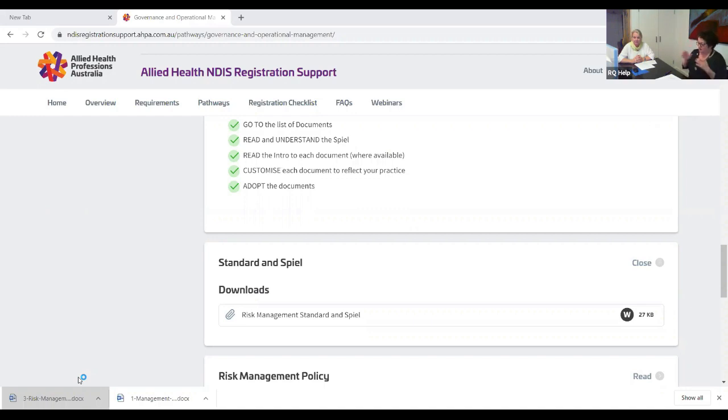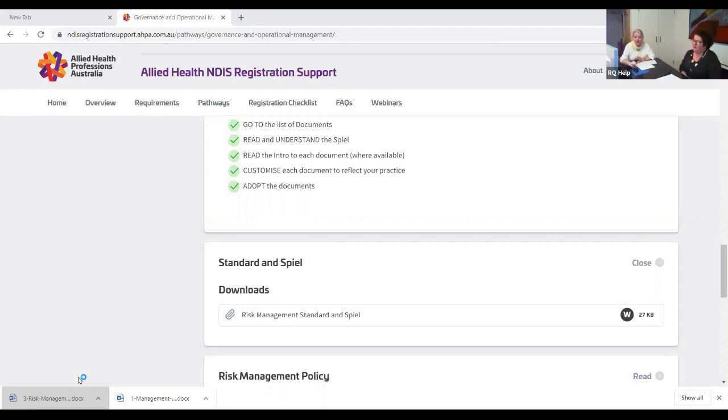Now, that means, as we've said, we're presenting materials that are relevant to a small organisation, about 6 to 8 allied health, that sort of practice. If you're larger than that, this will be a good starting point, but you're going to have to build on it.